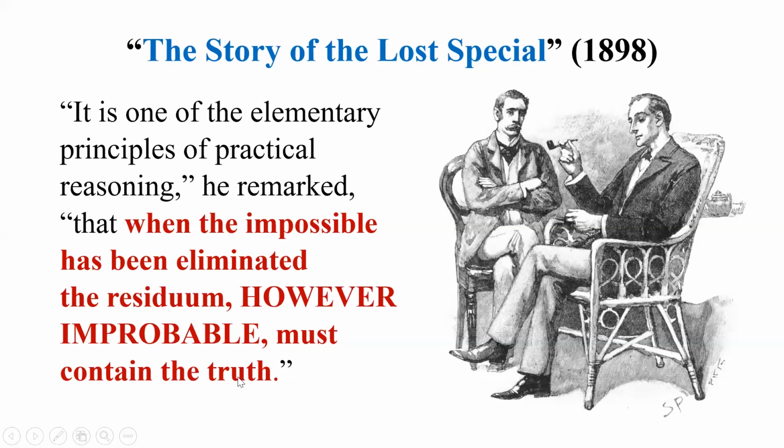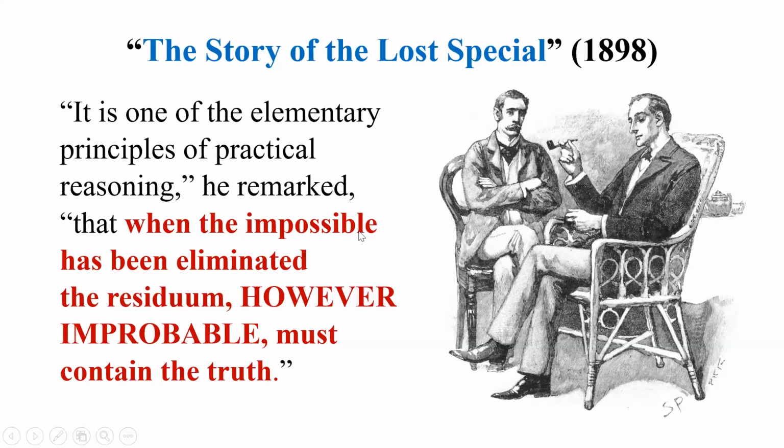So this is his philosophy, or his strategy to solve mysteries or cases. First you have to eliminate the impossible. Then what is left, however improbable, you can say this is not at all possible, that must be the truth. So you have to believe that and find the solution.